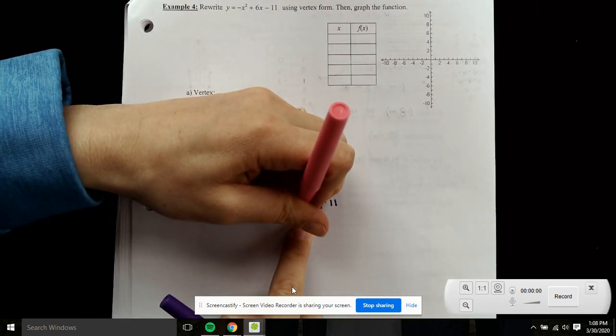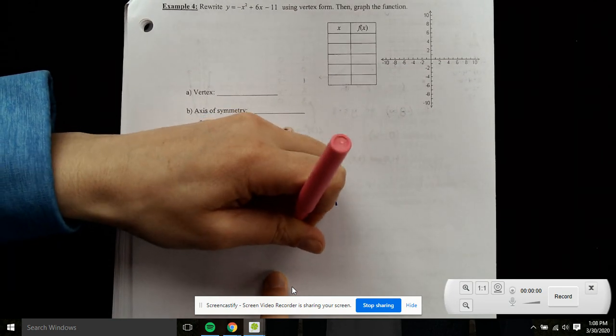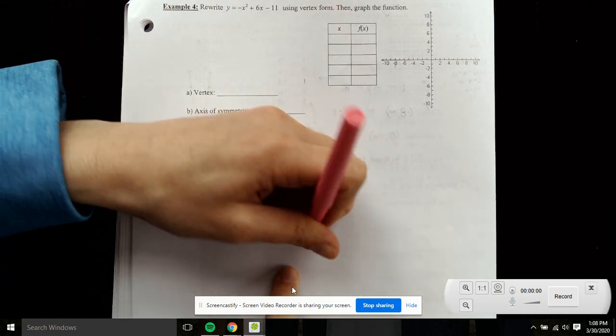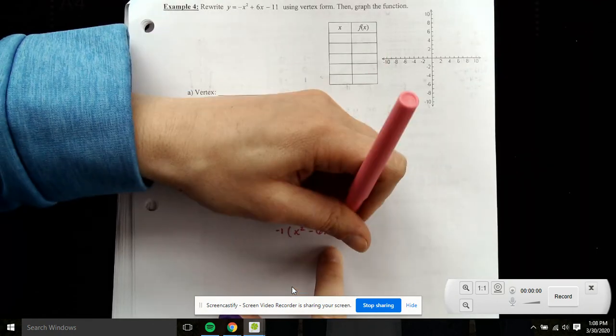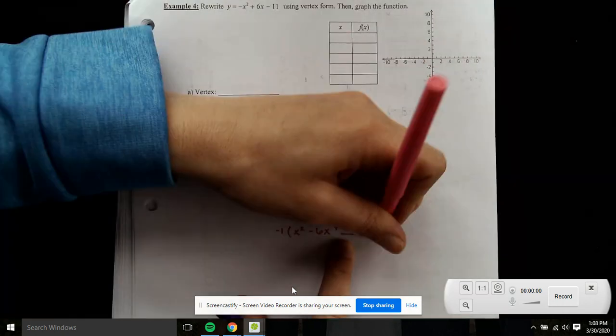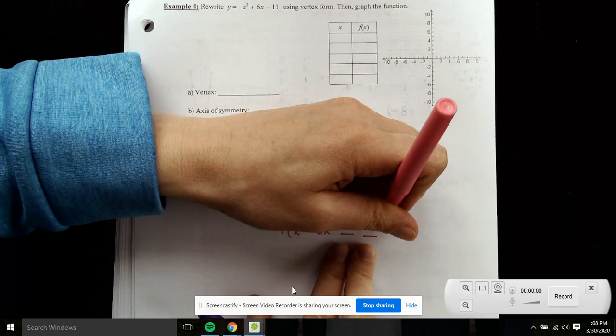So I'm going to factor out the negative 1, and I'm left with x squared, and this turns into minus 6x. And then again, I'm going to leave a little blank. And remember, whatever I add here, I'm also going to subtract so that they cancel each other out.